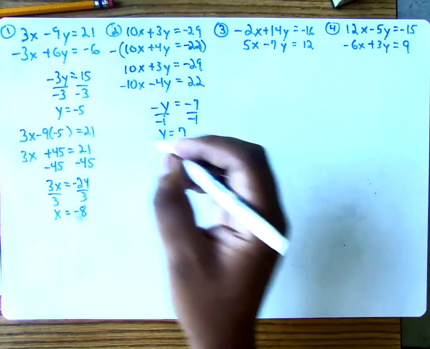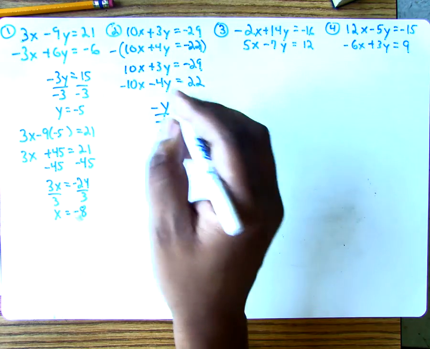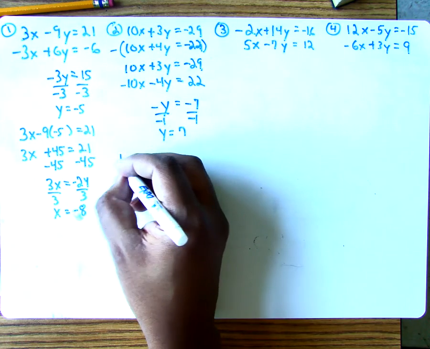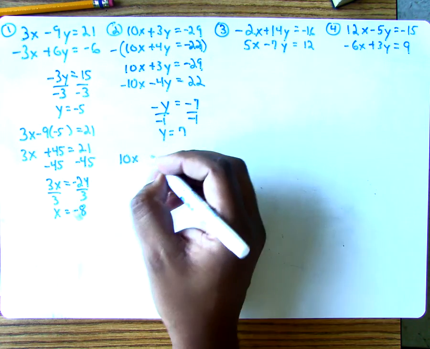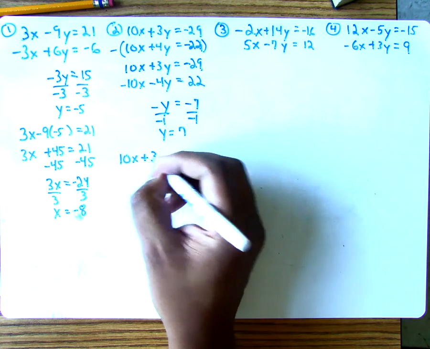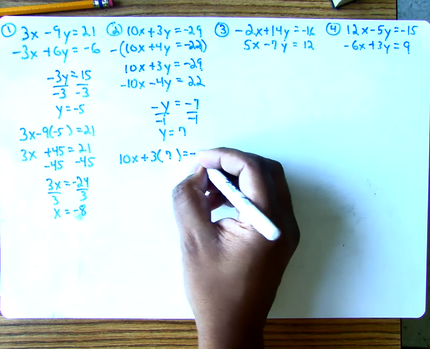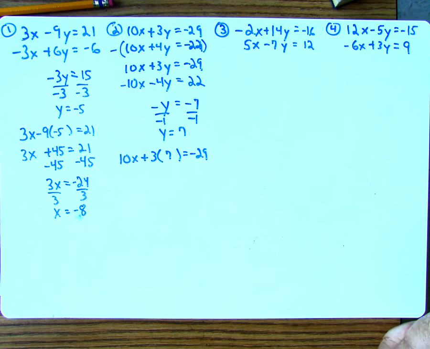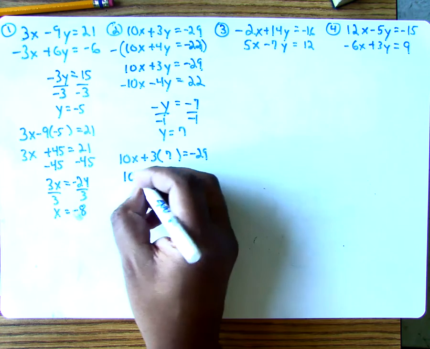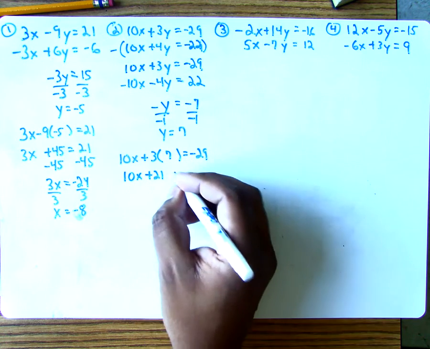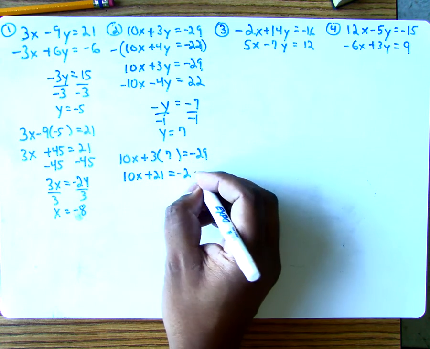So now I'm going to take it and plug it into the 10x plus 3y is equal to negative 29. Alright, that's what it is. 10x plus 21 is equal to negative 29.